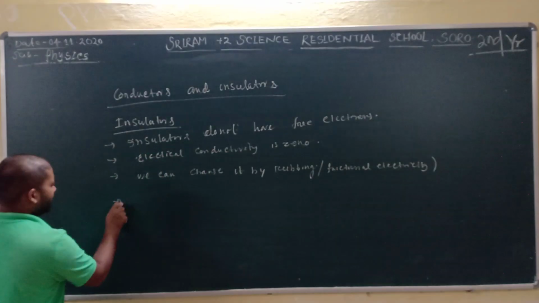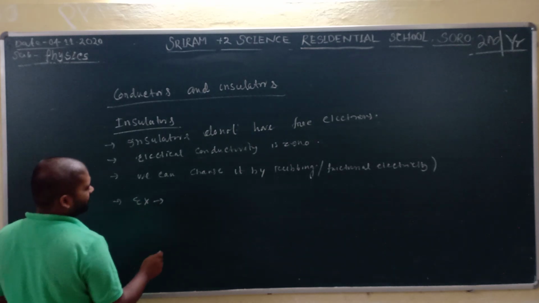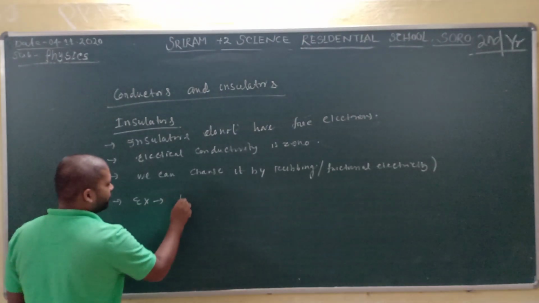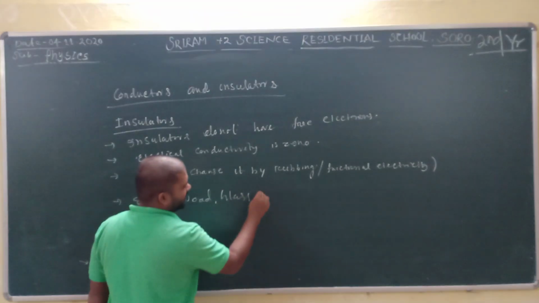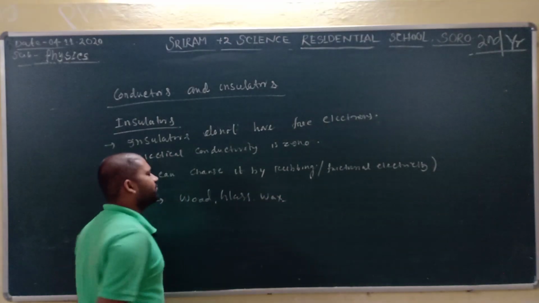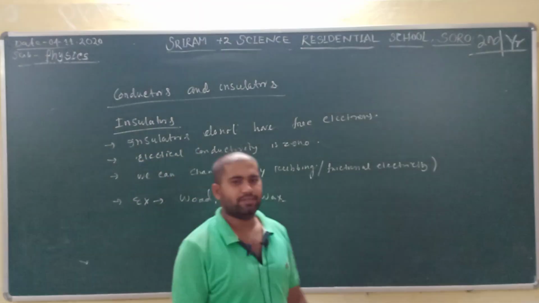What are the different examples? Wood, glass, wax. These are a few examples of insulators.